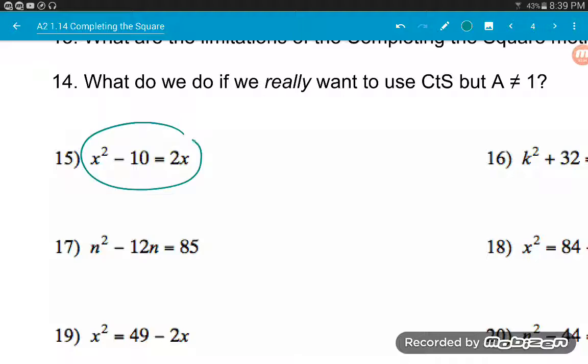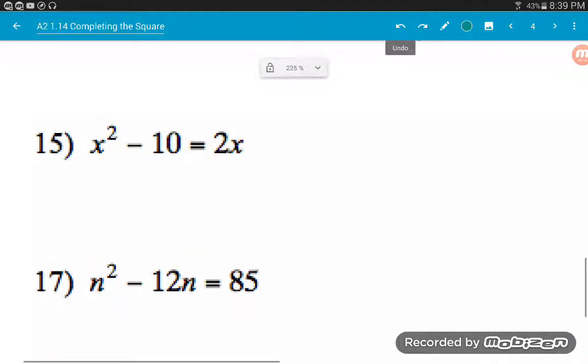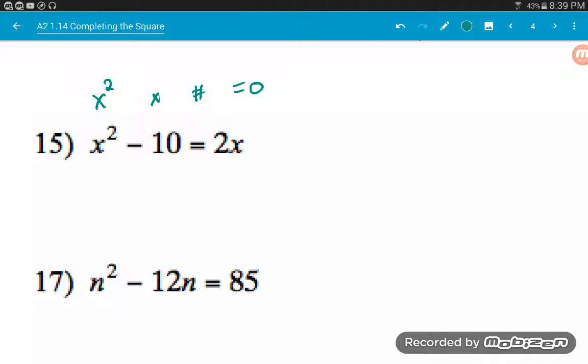My steps for completing the square say starting with a quadratic equation in standard form, right? This is not standard form. This does not look right. I'm supposed to have an x squared and then an x and then a number and it's supposed to be equal to 0. That's what it's supposed to look like. So how can I get that? Well, I don't have equal to 0, so let me move this 2x over by subtracting him. Minus 2x. And now I want to put them in the right order.